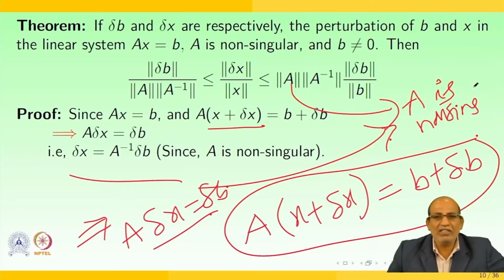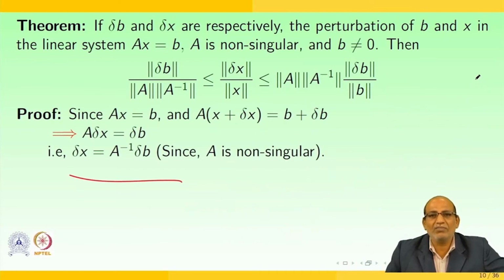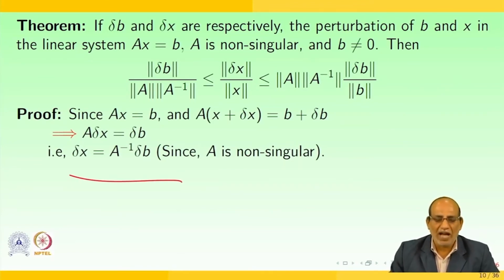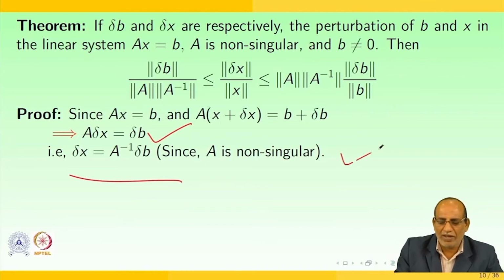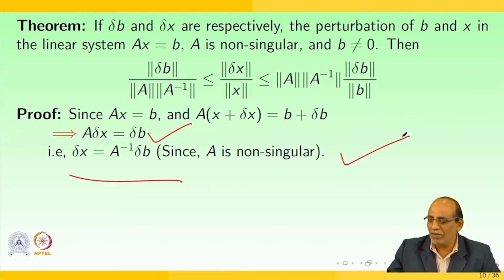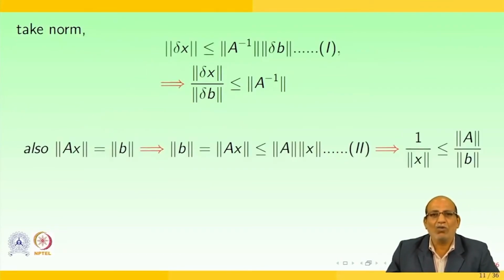So therefore, this is a very important theorem. Since Ax is equal to B, replace x by x plus delta x. It will be equivalent to B plus delta B, which implies A delta x is equal to delta B. That is, delta x is equal to A inverse of delta B, since A is a non-singular matrix. Now let us look at it in terms of norms.